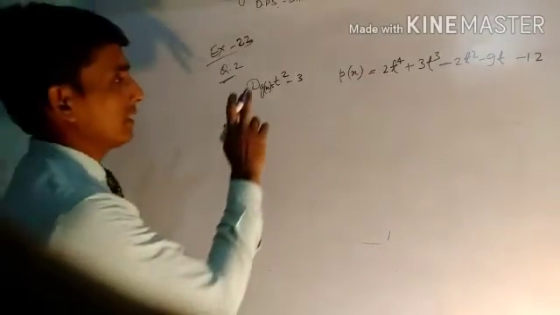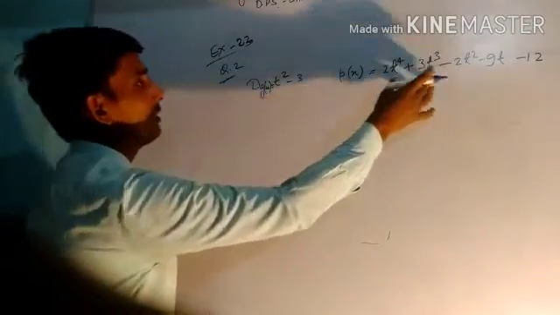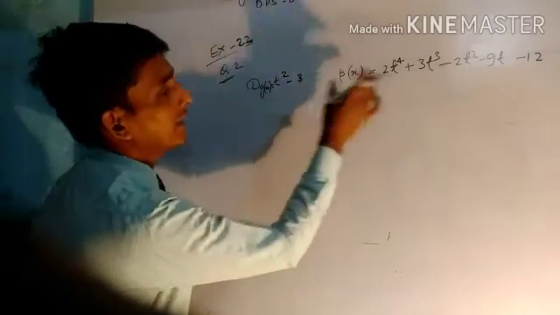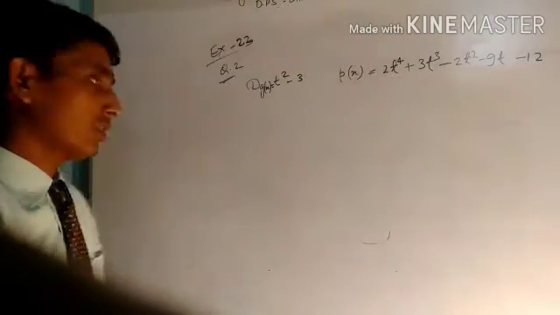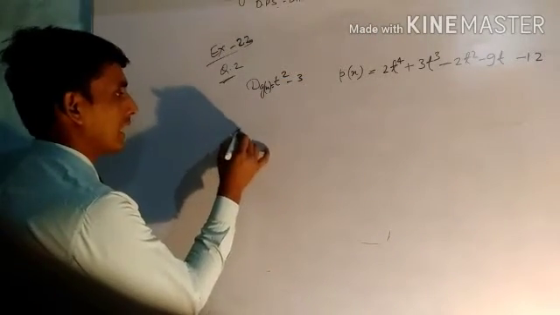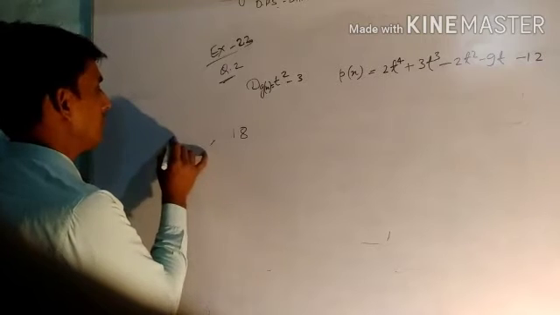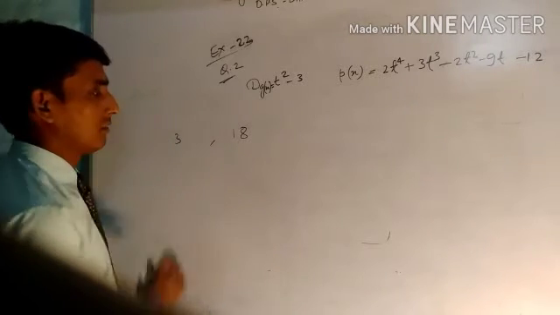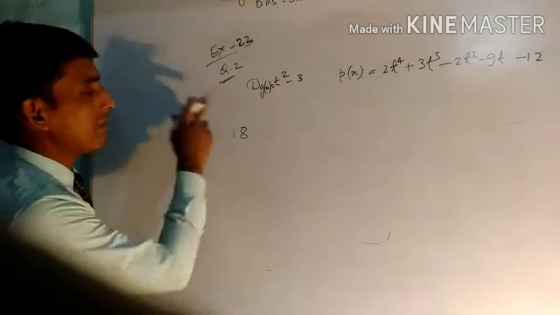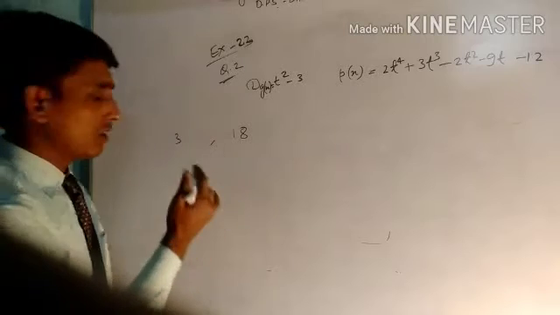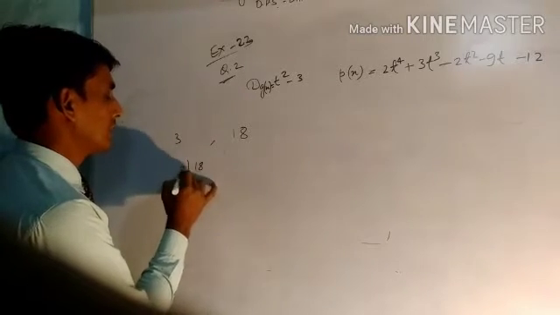We have to check whether this polynomial is a factor of this polynomial or not. Suppose we have 18 and we have 3. We have to check whether 3 is a factor of 18 or not. We will divide 18 by 3.